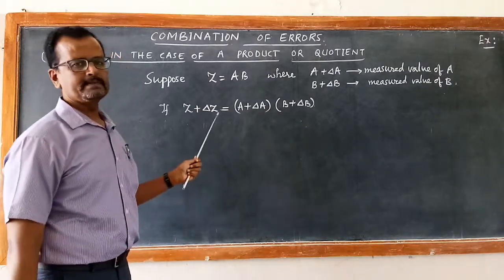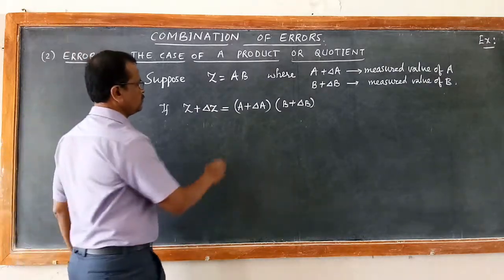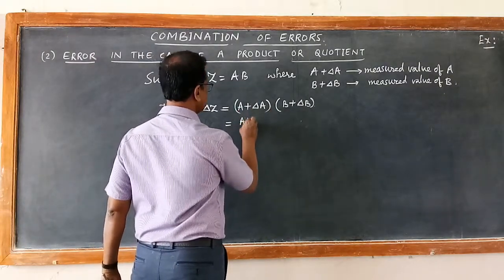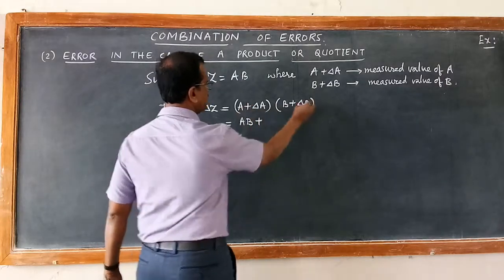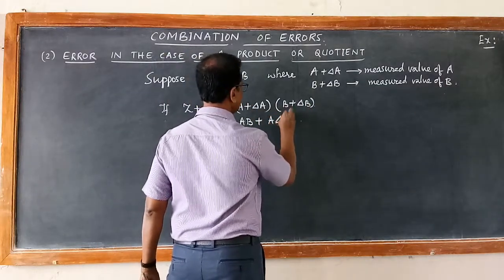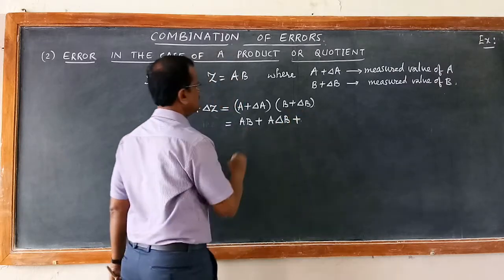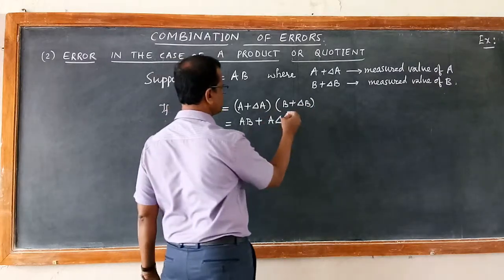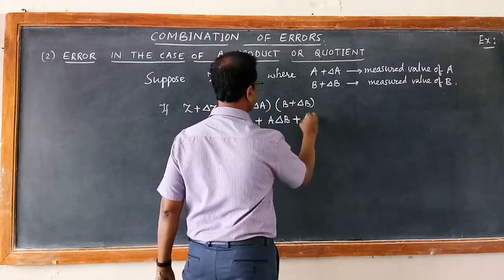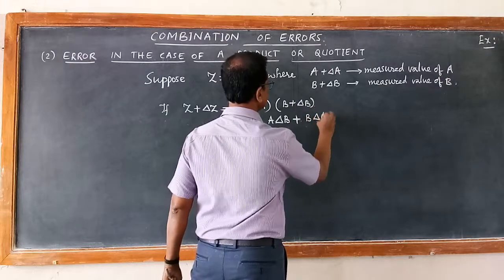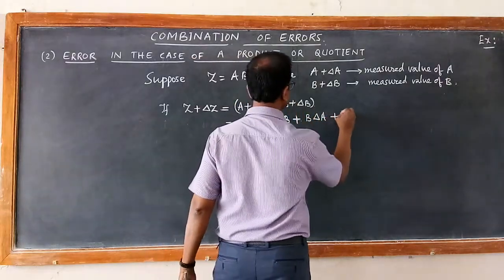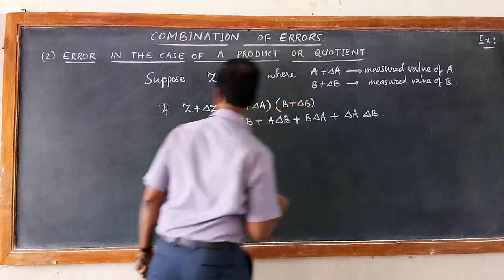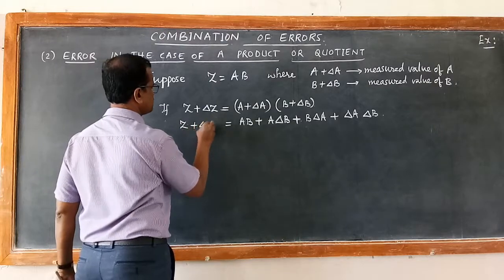Now take the product straight away. A into B gives us AB, plus A into delta B gives us A delta B, plus delta A into B. Next, by the distribution property, B into delta A plus delta A into delta B. So this is going to be Z plus delta Z.